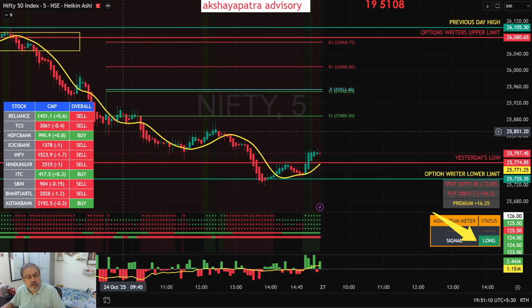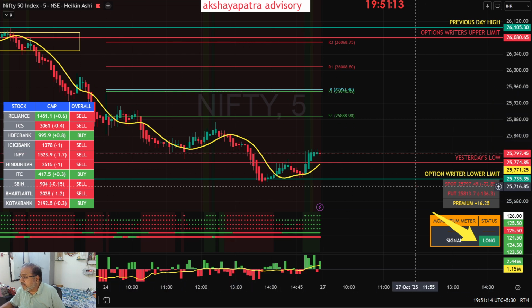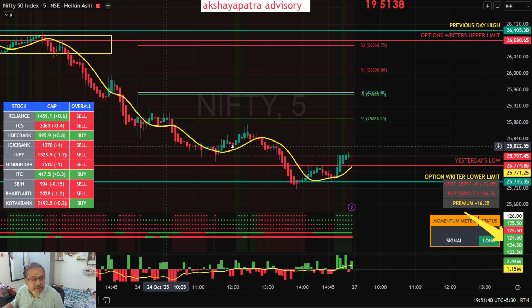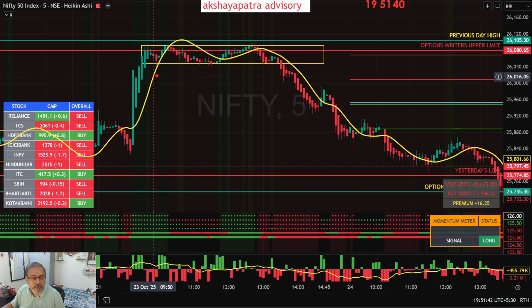And then what we see is a yellow line. This yellow line is basically an Akshayapatra advisory configured moving average line, which primarily indicates whether the Nifty is in long status or in short status. As long as the candles are above the yellow line, you can see the Nifty is on an upward movement.